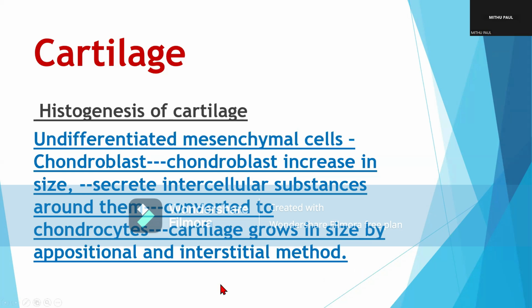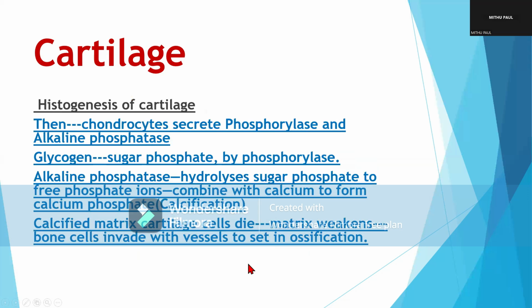Cartilage grows in size via two methods, appositional and interstitial. Then the chondrocyte secretes phosphorylase and alkaline phosphatase. Glycogen stored inside the chondroblasts is converted to sugar phosphate by the process known as phosphorylation, and the enzyme involved is phosphorylase.